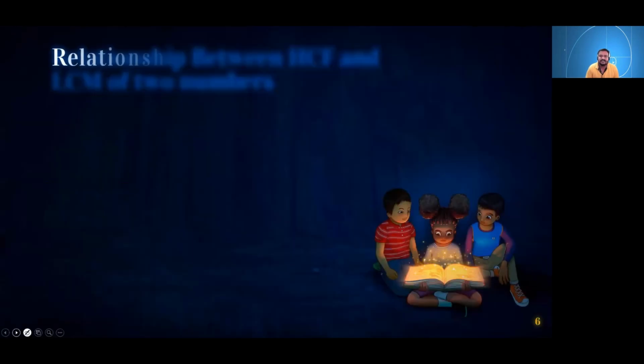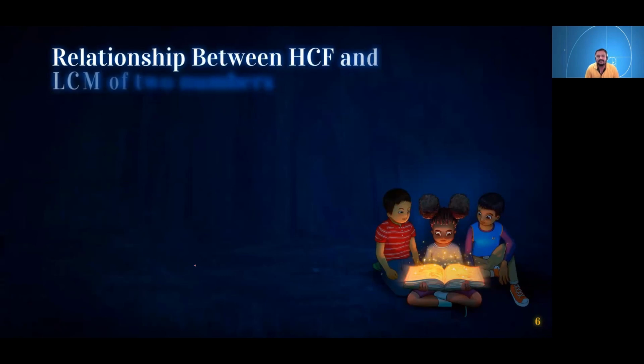Now, what is the relationship between HCF and LCM of two numbers? Yes, anyone? What is the relationship between HCF and LCM of two numbers?